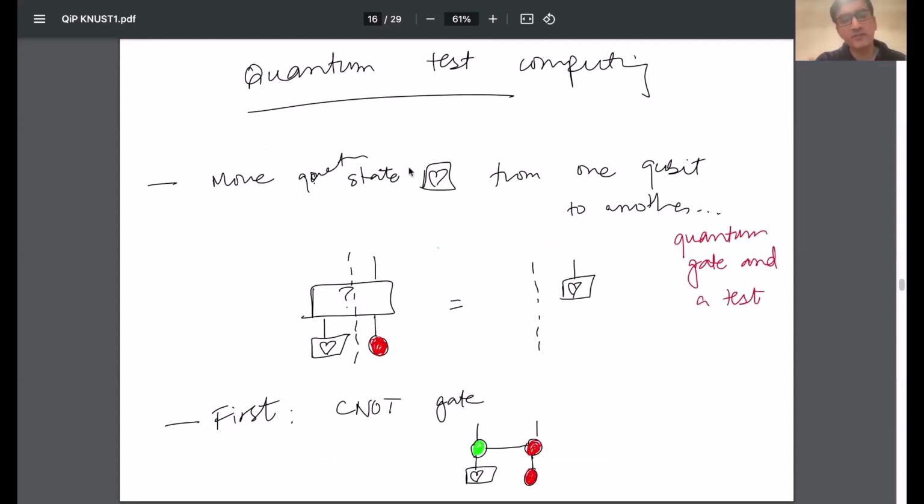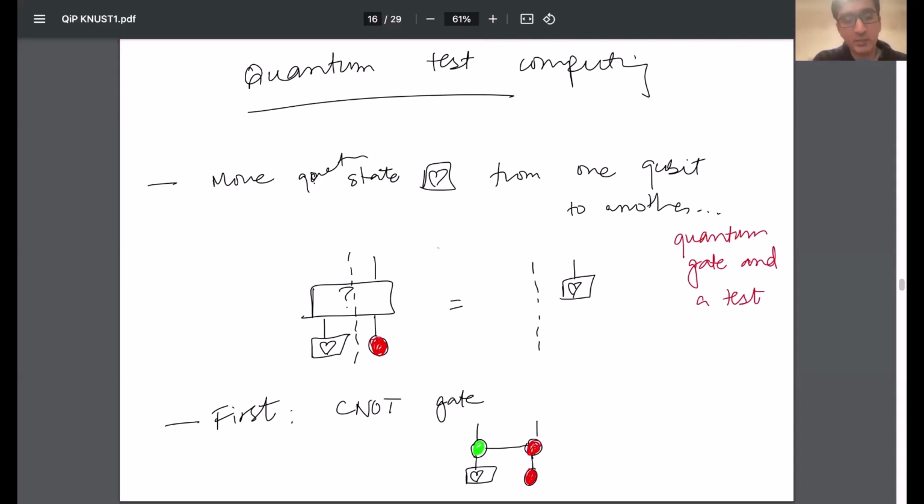Okay, so before we look at quantum teleportation in terms of spiders, let's do a short digression and look at quantum test computing or measurement-based quantum computing. In measurement-based quantum computing, quantum computations are performed by doing measurement. This is different from circuit-based quantum computing.